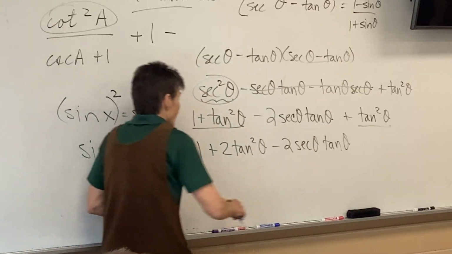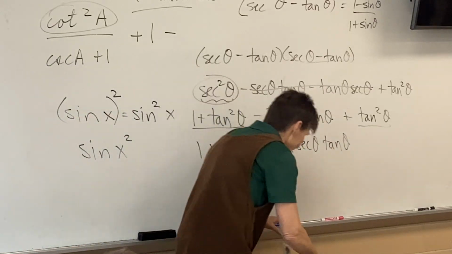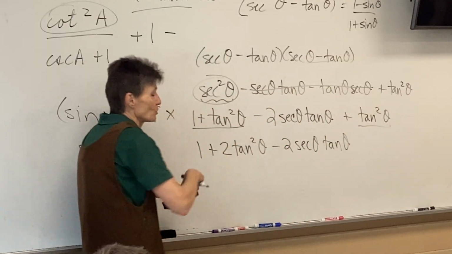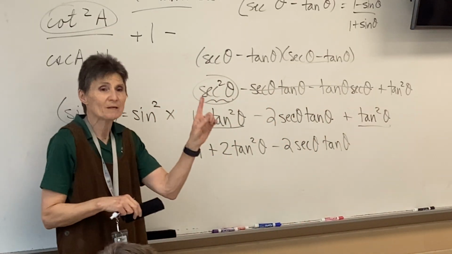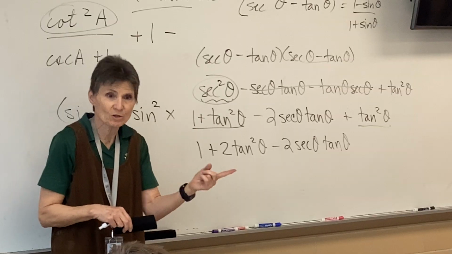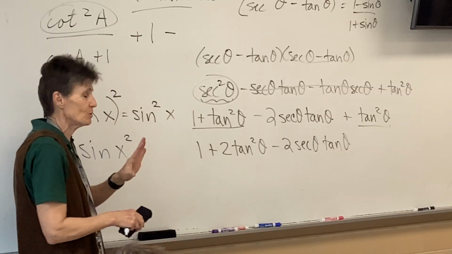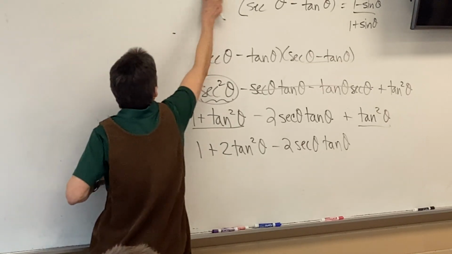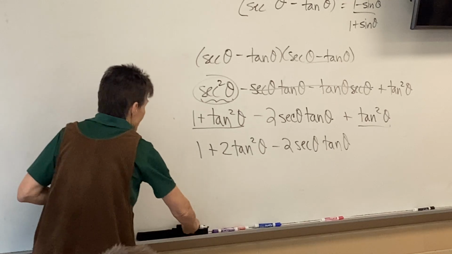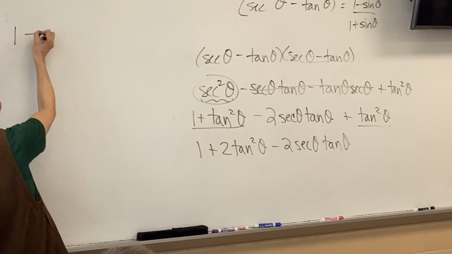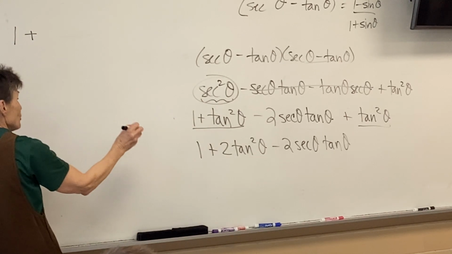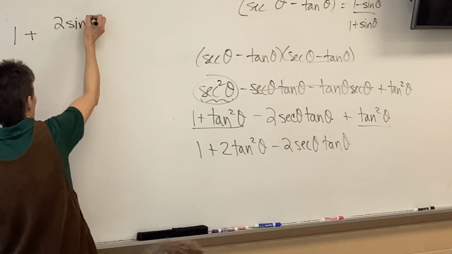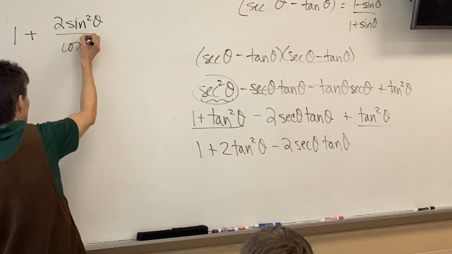We'll see. Alright, now, at this point, kids, I know you could change your tangent squared into secant squared, but that would be just like going in circles, because we just changed the secant into tangent. So I'm not gonna do that. At this point, I am going to remember what all these things are. 1 is 1. 2 tan squared would be 2 sine squared over cosine squared.